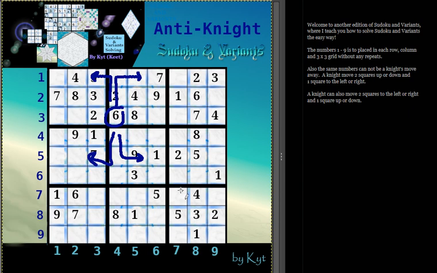A knight can also move two squares to the left or right, and one square up or down.